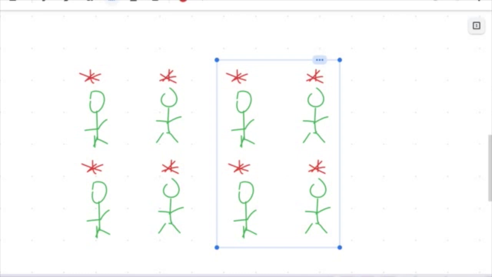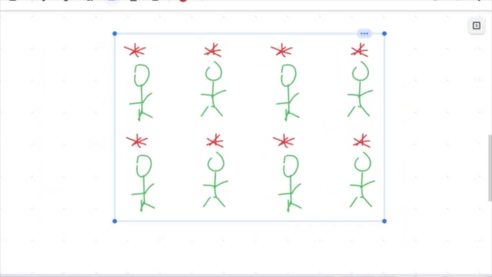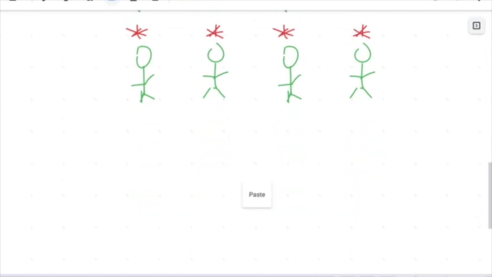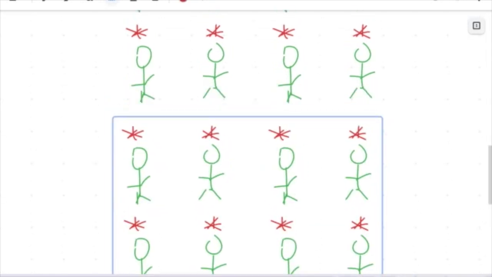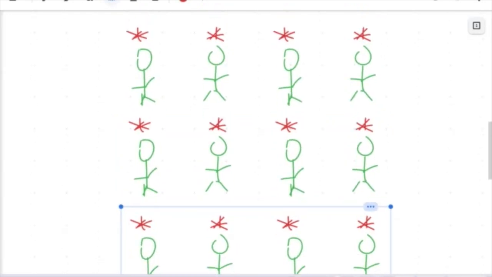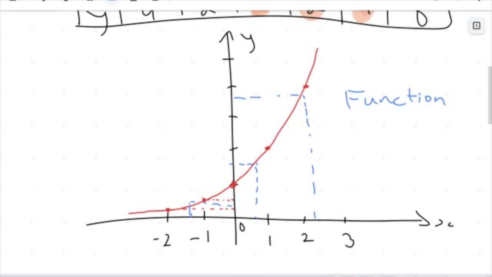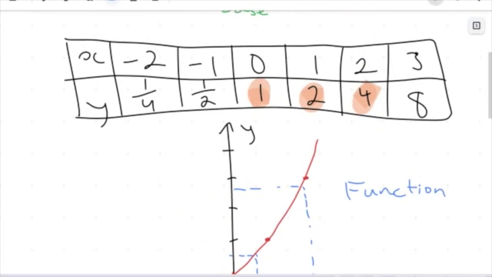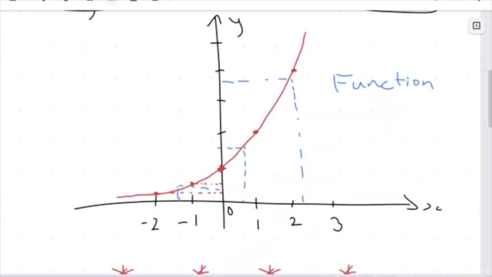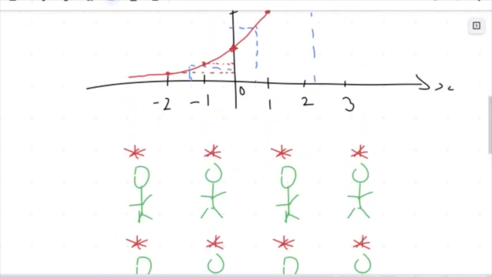And we can keep going along this pattern. After the 8, sorry, they interact with 8 more people. I now have 16 people infected. So this is what an exponential graph can kind of model.